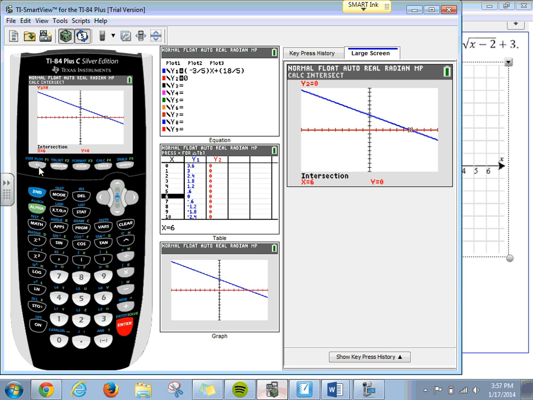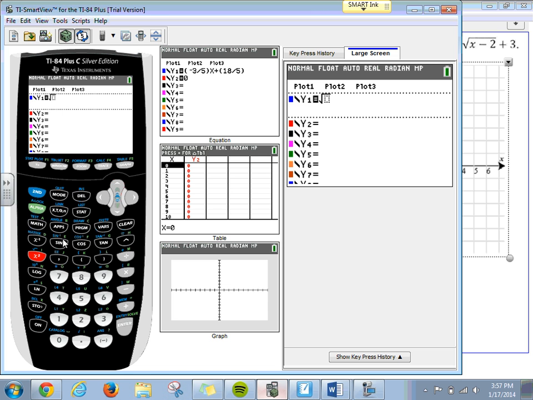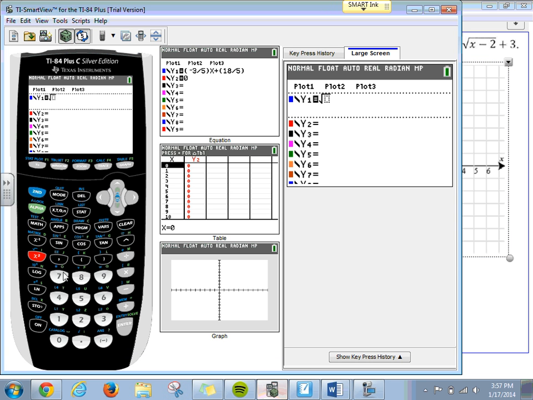So I'm going to go back to my y equals, clear both of those, and then we're looking at the square root of x minus 2, close parenthesis, and plus 3, I believe.